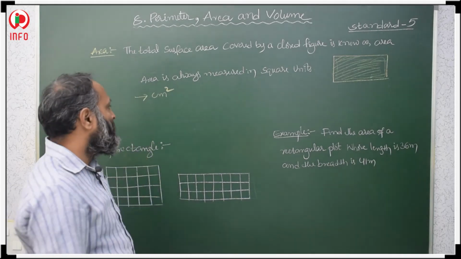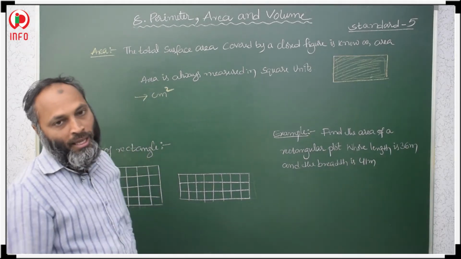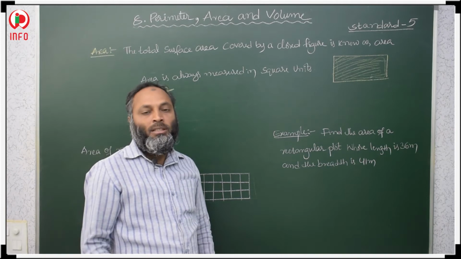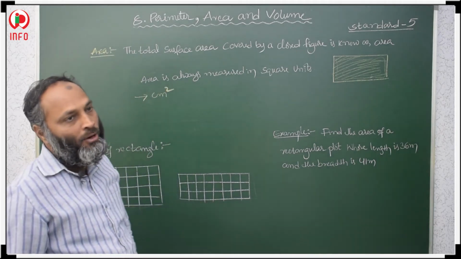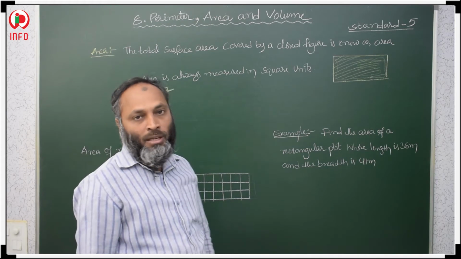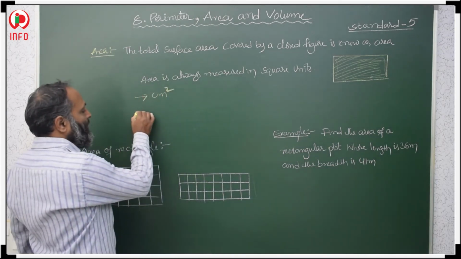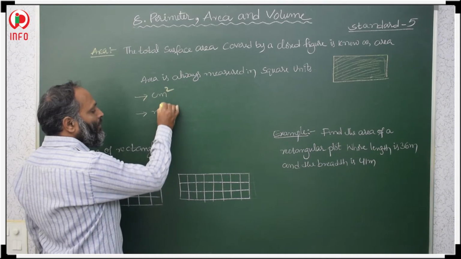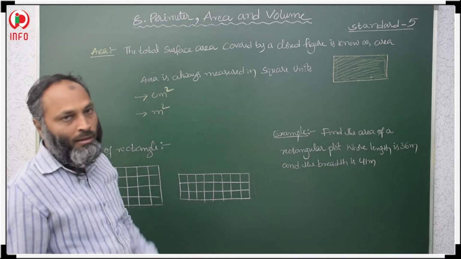Suppose a room or a plot area. How do we measure room area and plot area? Room area and plot area may be measured in meters, so that is in meters square. If units are meters, then we take square meters.